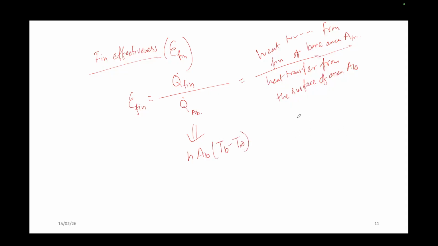I am giving you two examples for these cases. This is the first case. You can find Q fin from the base, which is minus kA dT by dx at x equal to 0. So this is the Q fin you can find out, and Q AB basically means only this section, with no fin or unfin, area AB.